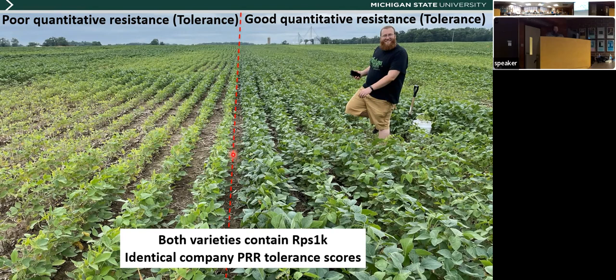And we've been finding recently that a lot of these field tolerance ratings that are in the seed catalogs, which the farmers are actually interacting with and using to identify which varieties they want to plant, are not necessarily accurate. This is something that we've been trying to work with the seed companies on, to just keep them honest, I guess, and get them to actually report what the variety looks like when it's in a diseased area.